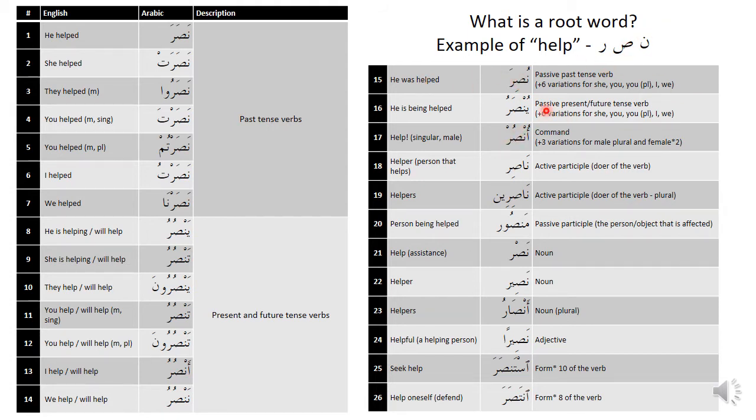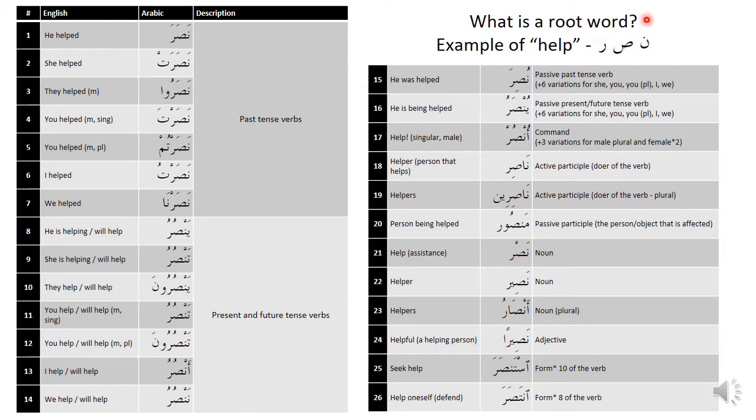So with the same root words, you can also command, you can ask for help, and that's the way it's commanded. It also covers non-verbs, so helper, nasir, helpers, nasirin, all from the same root, and the person being helped, mansur. There's the noun assistance, as in help, nasr, and so on.